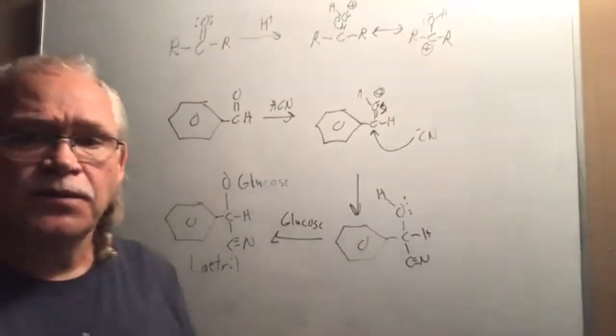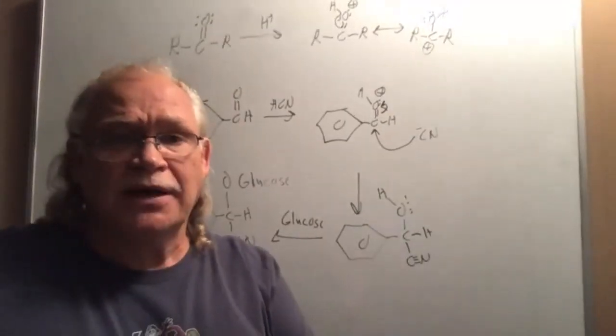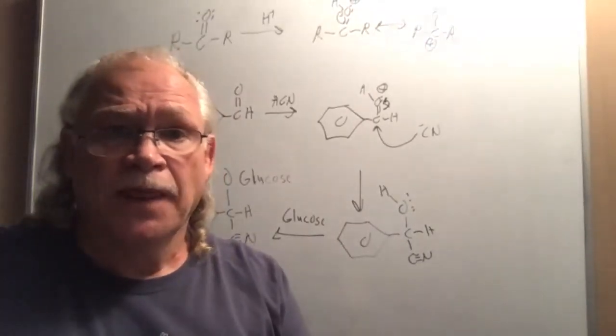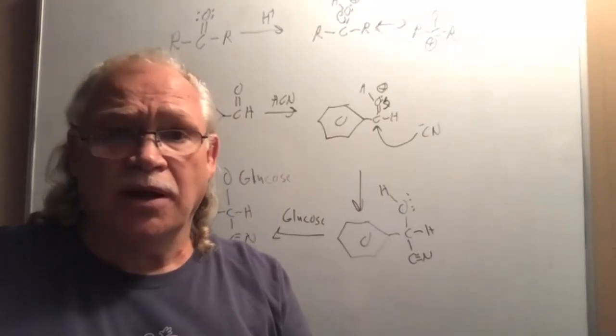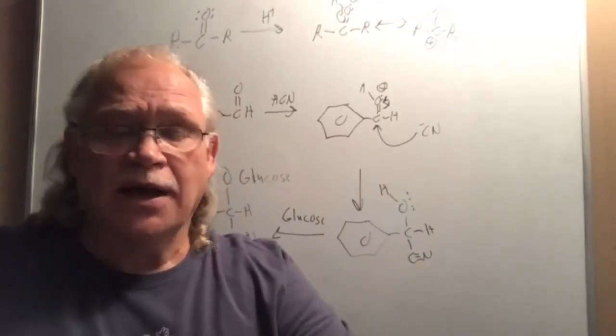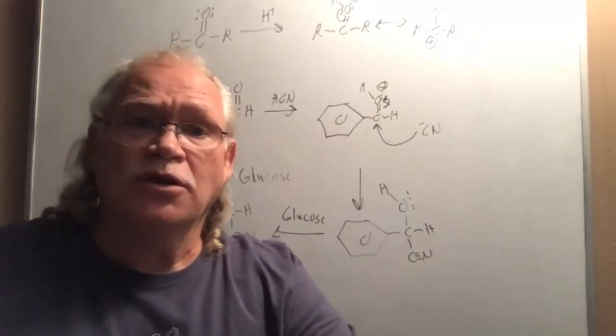Laetril is a drug that in the early 1970s was used to treat cancer, but it was illegal in the United States. And Chad Green had leukemia. His parents took him to the doctor. The doctor said, "I'm sorry, your son's going to die. There's nothing we can do.